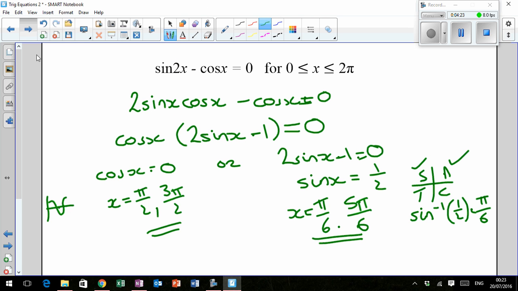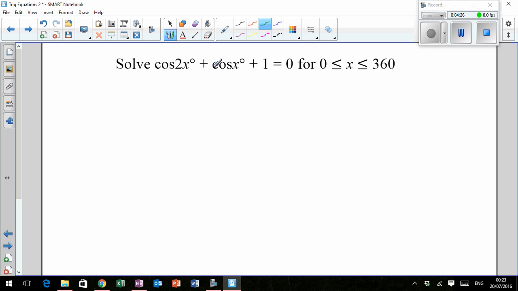Okay, and a similar example here, we've got 2 different terms to deal with. We've got a cos 2x and we've got a cos x, so we need to use a double angle formula. Now the problem here is we have 3 options for cos 2x. We have the one with sin and cos, the one with cos, and the one with sin. Now because the other thing involved here is a cos, we are going to use the expansion that just uses cos.